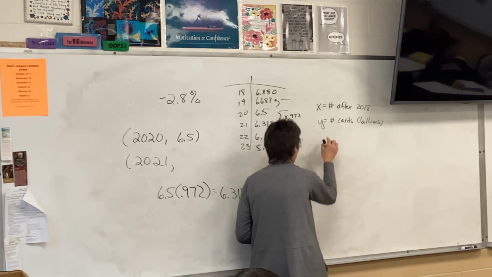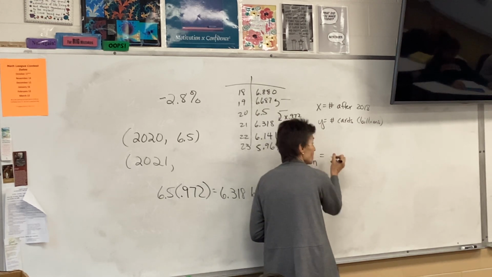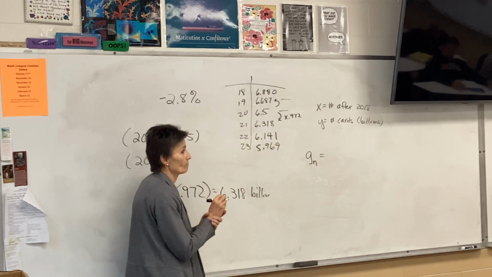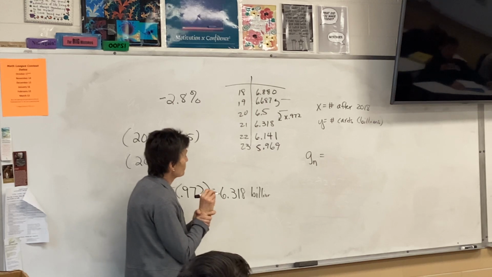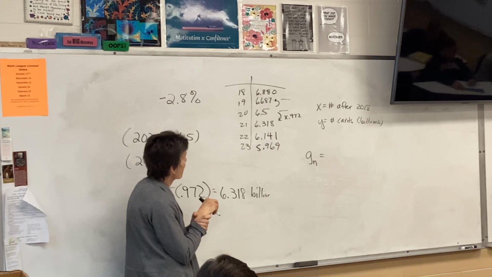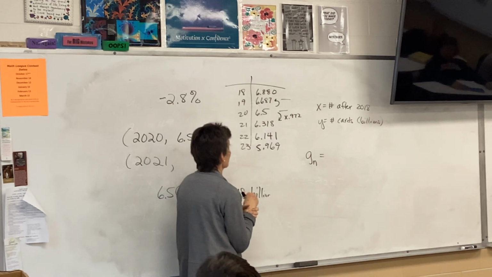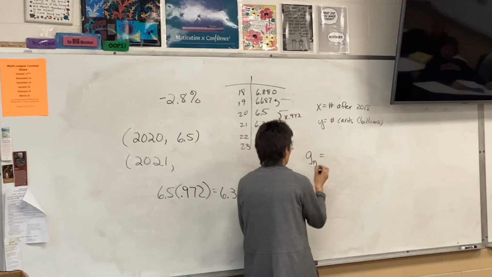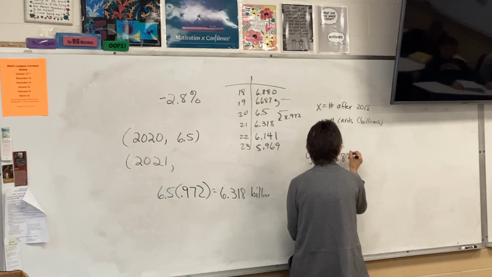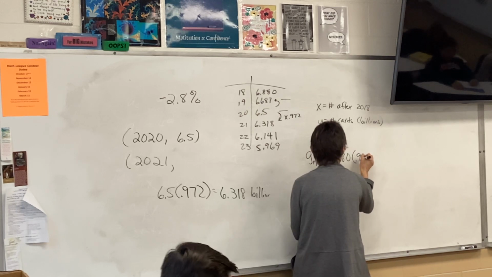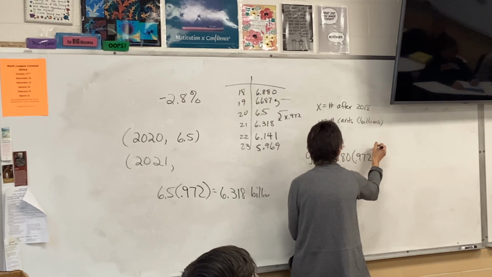And Y would be our nth term. All right, so what do you want it to look like? What's our first term? What's our ratio? 0.972.